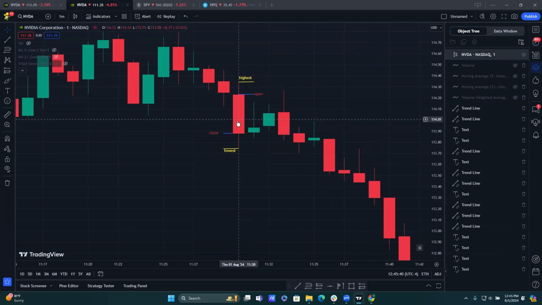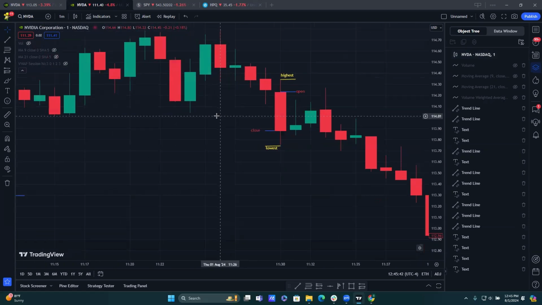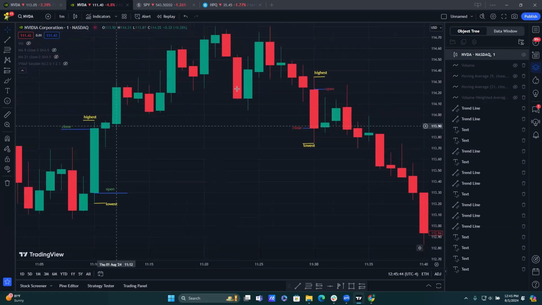So the important thing to know about the red candlestick is that, unlike the green candlestick, it opens higher. Because when it opens higher, it's going to close lower. That's what you need to know about the red candlesticks.